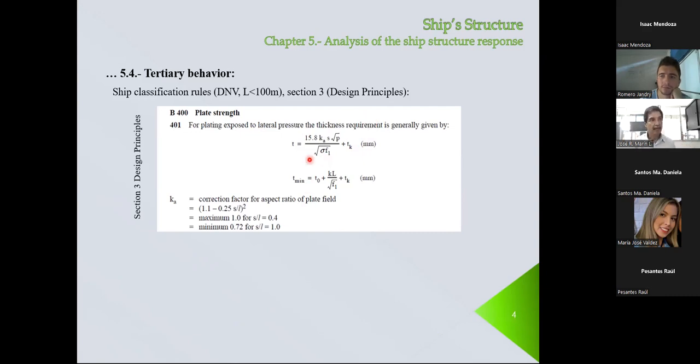And this other formula is the thickness that you require for the plate considering another situation. For example, when the ship sits on the dock, the pressure is because there is a block where the ship sits. So the force exerted is different than when you are floating. So you have to consider both situations.